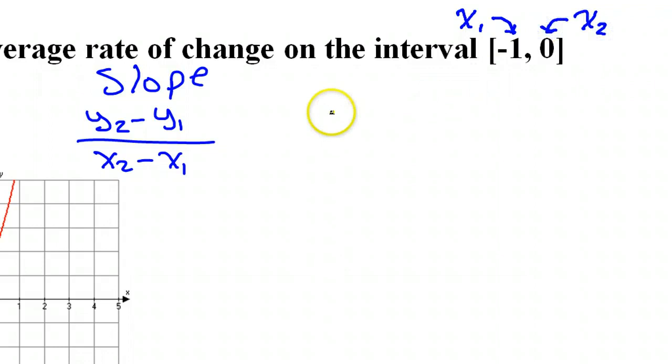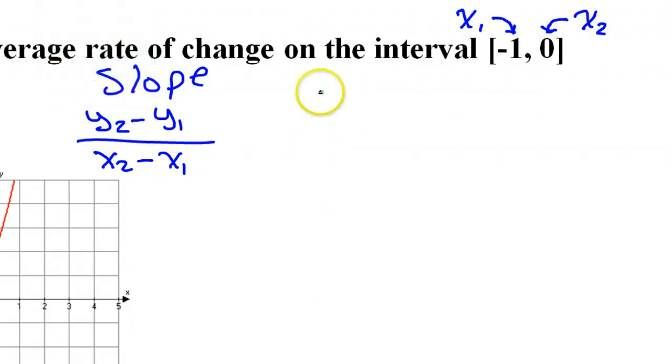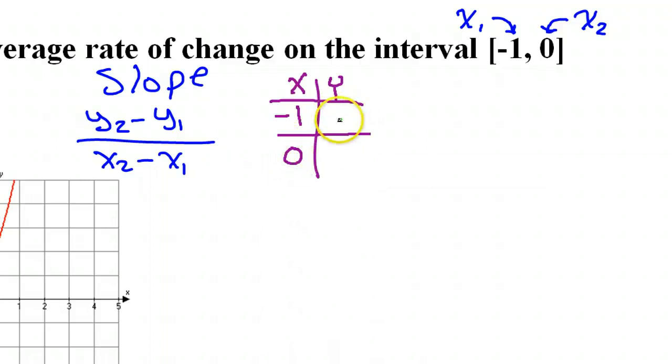I have encouraged you to make a T-chart to help keep you organized and keep your mind focused. So our x1 and x2 are -1 and 0. Now all we need are the y values that go with these, and we will steal those from the chart.